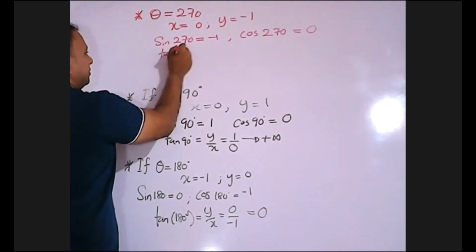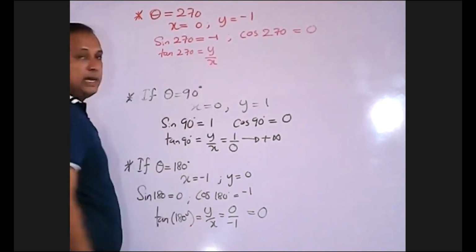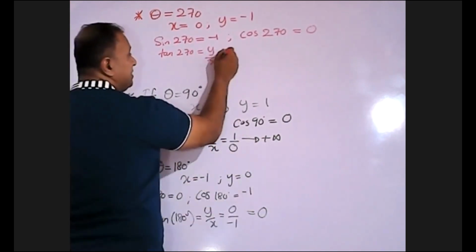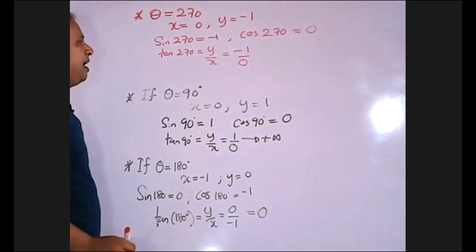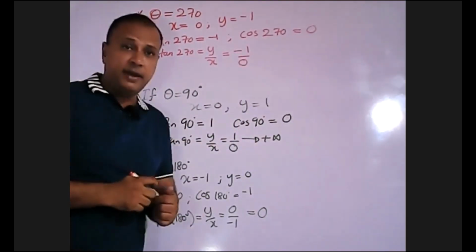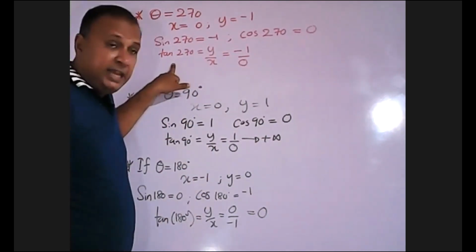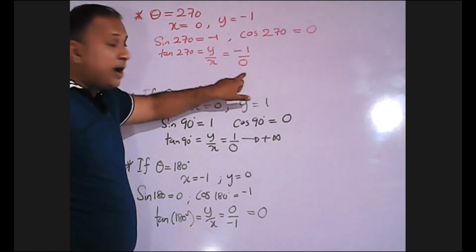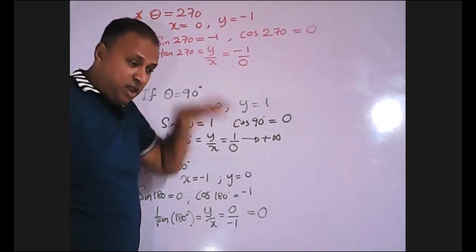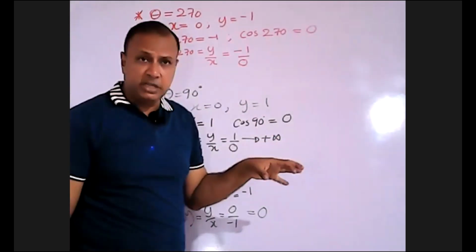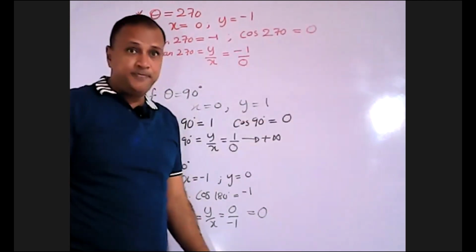Tan 270 is equal to y over x. Y is equal to -1, x is equal to 0. Everyone, look at the board. Tan 270 is equal to -1 over 0. You know 1 over 0. If 0 is in the denominator, the entire fraction will go to infinity.